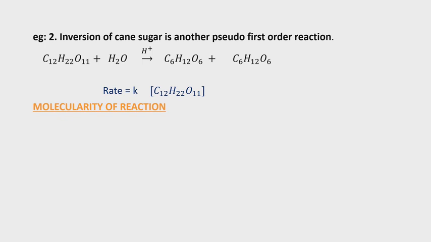So basically the number of ions, atoms or molecules which are present in an elementary reaction, that number is called the molecularity of a reaction. So molecularity represents the number of molecules or atoms or ions. Clear? So in an elementary reaction, what is an elementary reaction? Already we studied. It is a slow step.